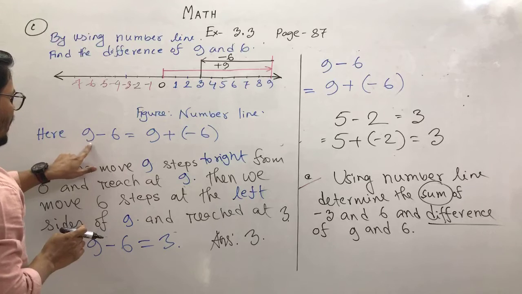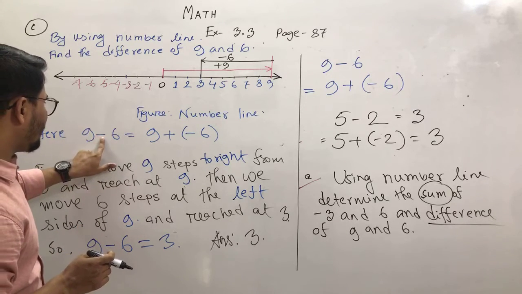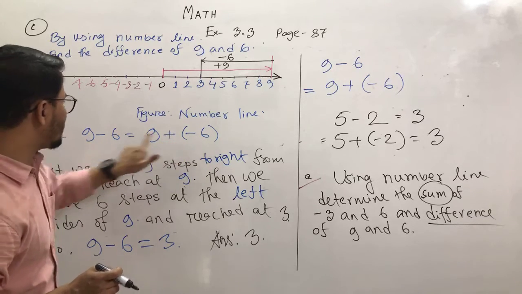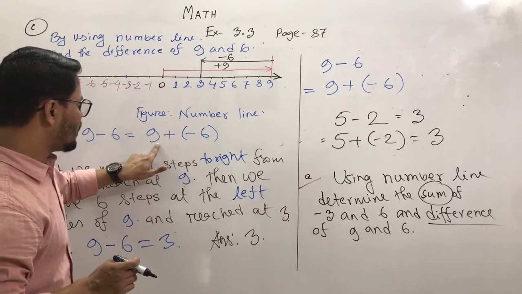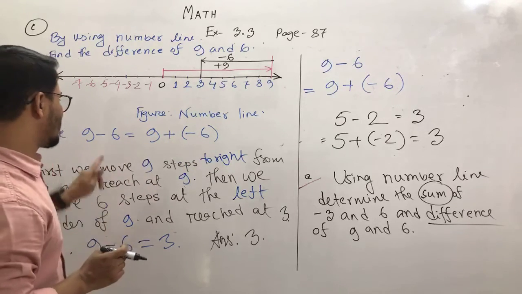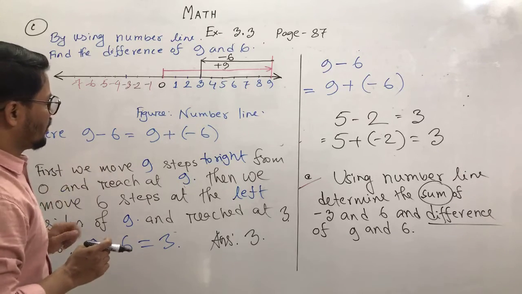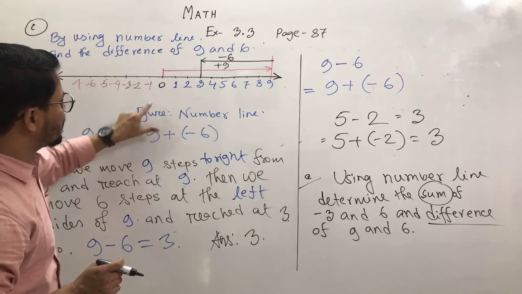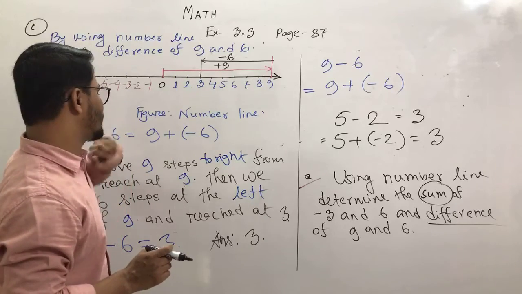Now for 9 minus 6, we just converted the difference into a plus. So now plus and minus: we can write 9 added with minus 6. This indicates 9 minus 6. First step, count 9 up. This is a positive number, 9 steps from the right side of 0.